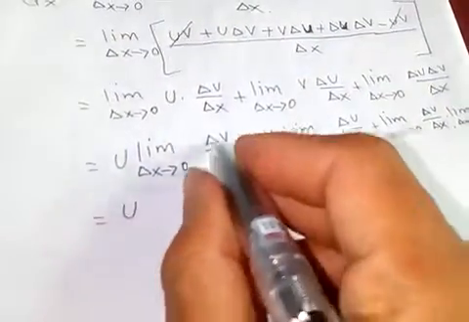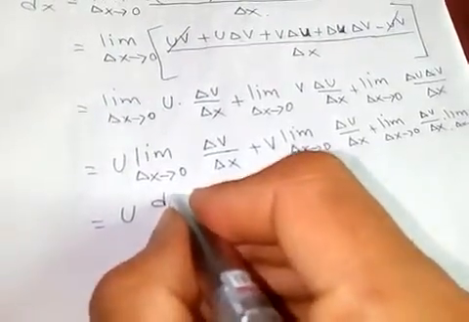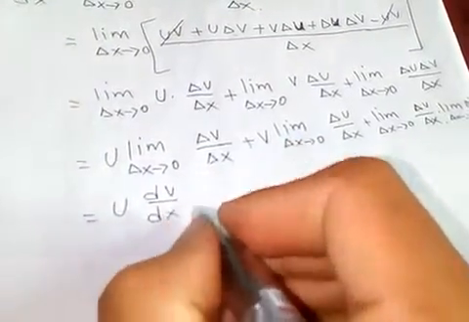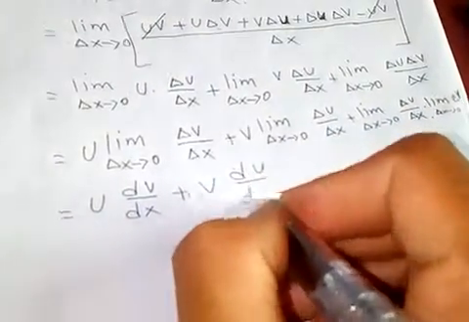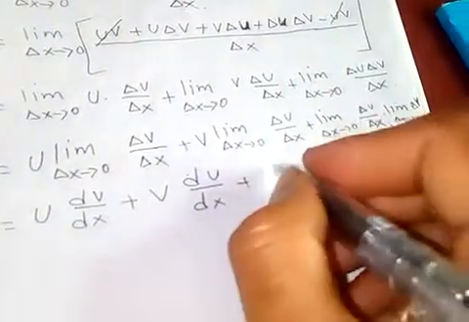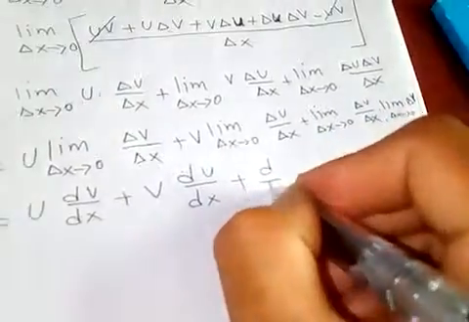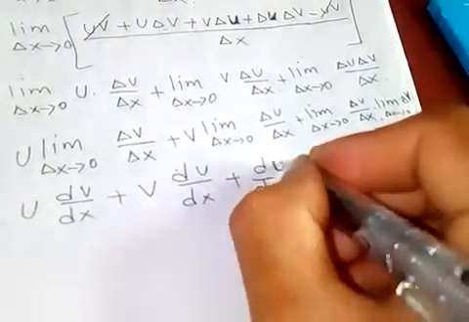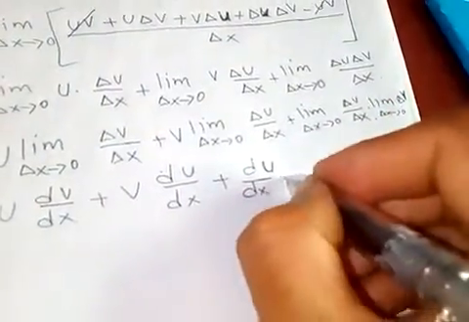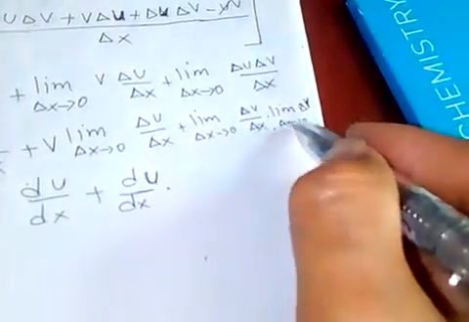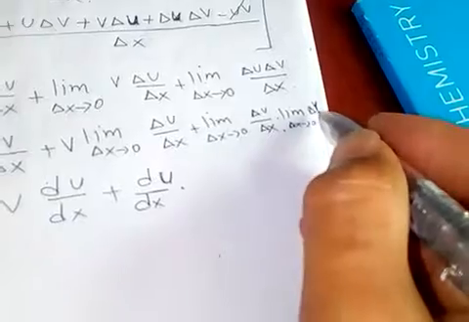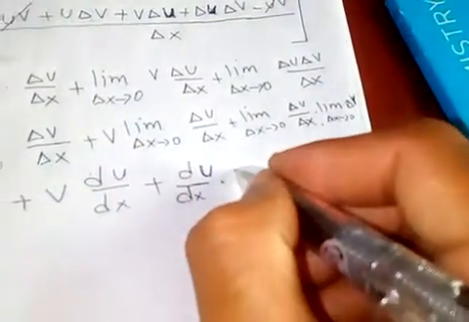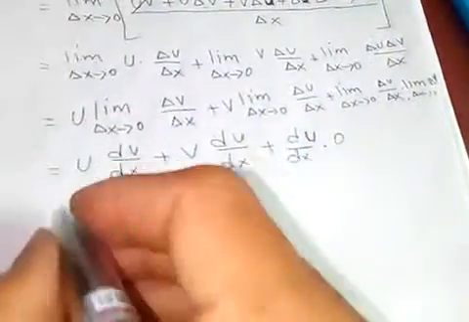Which is u, this one we represent by derivative of v with respect to x, plus v, derivative of u with respect to x, plus this we represent by derivative of u with respect to x. Here limit delta x tends to 0, delta v, is approximately 0.